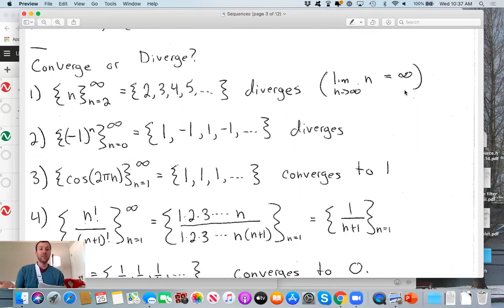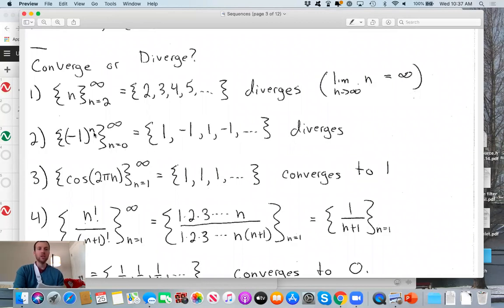Another way that a sequence can diverge is that maybe it doesn't go to infinity or minus infinity, but maybe it just doesn't settle down. So if we look at one of these alternating sequences that we had seen an example of before, so we'll take -1 to the n, starting at n equals 0, and then going from there.